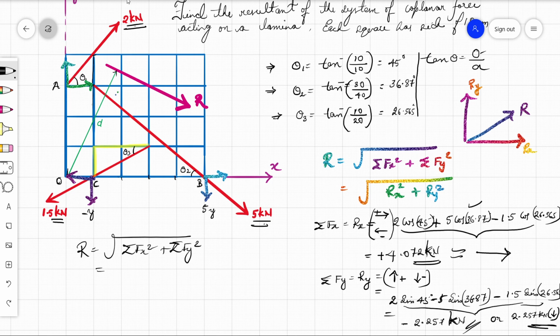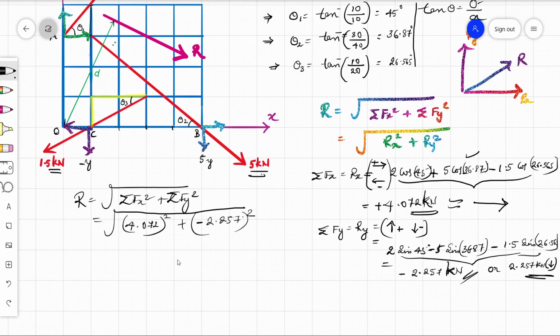So we apply the values: 4.072 whole squared plus minus 2.257 whole squared. Please do take the negative or positive value while doing the mathematics. While interpreting, just take the directions. There's a difference, don't confuse the two.